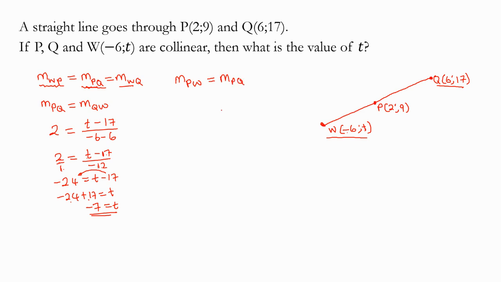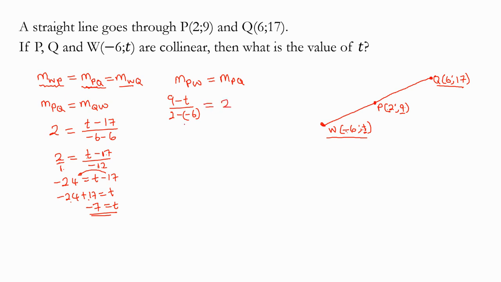For PW, we can say 9 minus T is the change in Y, over 2 minus negative 6. Please take note that we can have these things arranged differently. You can say T minus 9 over negative 6 minus 2. Still the same thing.